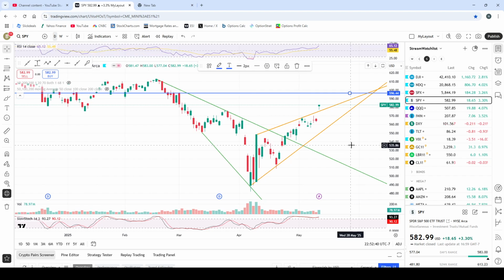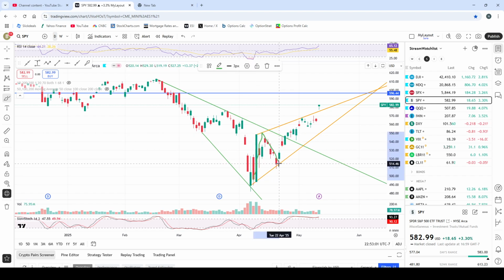Okay, so how do we determine the next move of a stock based on the chart? So you can see here, go from here, right? Go up like this, down, up, down, up here, and then out here.